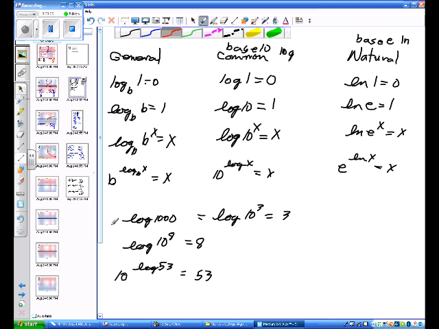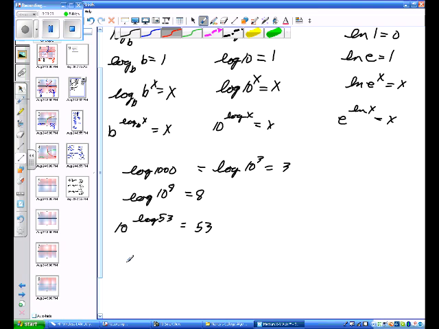The natural log of e to the 6 would simply be 6. The natural log of e to the 9x would be 9x. The base of my log is the same as the base of my number, so it equals my exponent. e raised to the natural log of 5x squared, the base of this log is the same as the base of my number, so it equals the 5x squared.